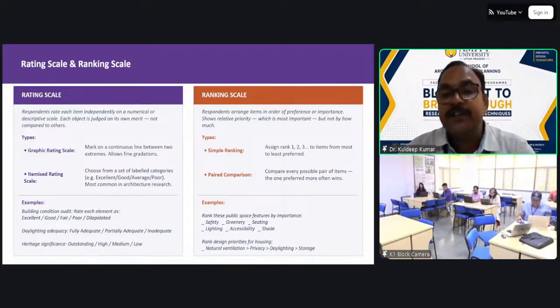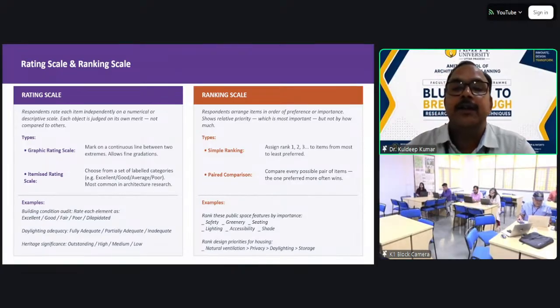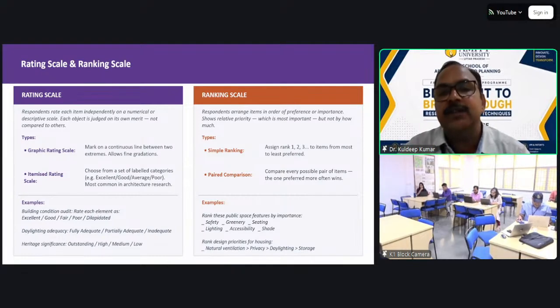As far as examples are concerned for ranking scales, maybe you can use it in community participation, in a survey for the redesign of a neighborhood park. You can ask, please rank the following features in order of importance. These parameters can be safety, seating, greenery, lighting, accessibility, and shading.